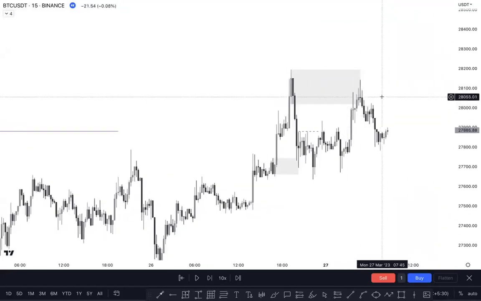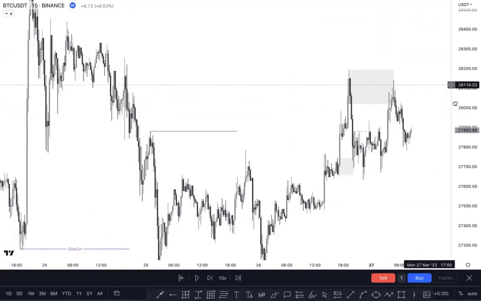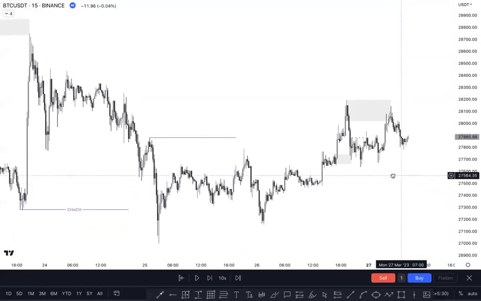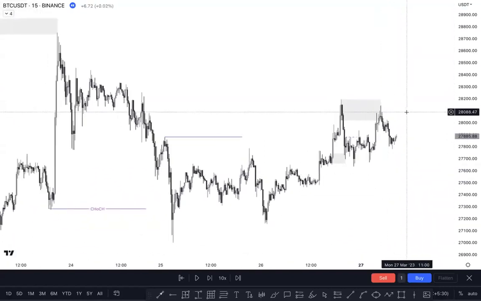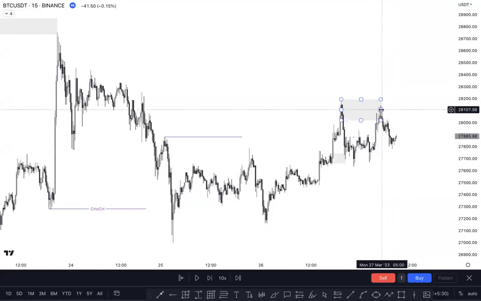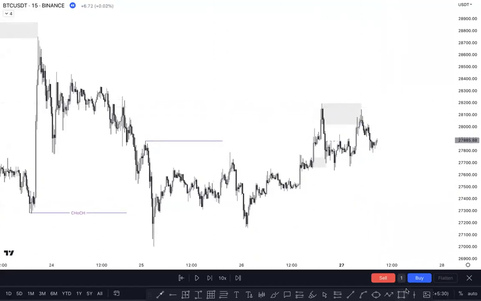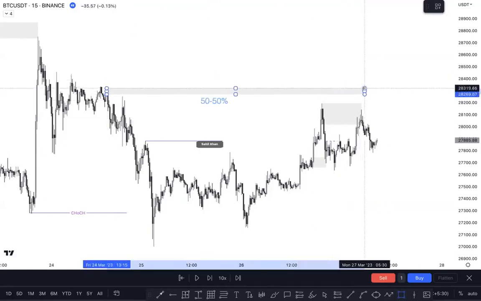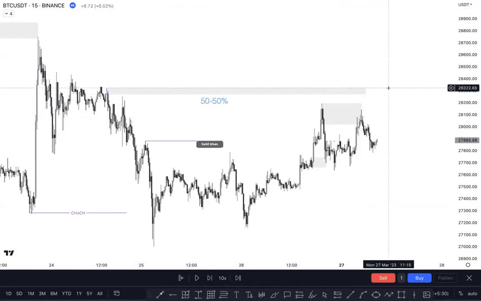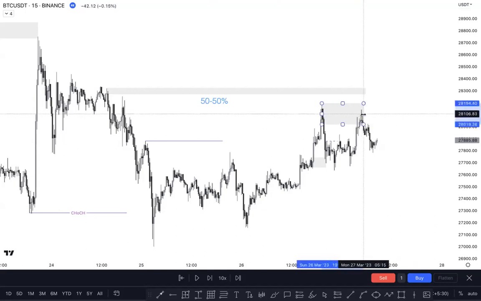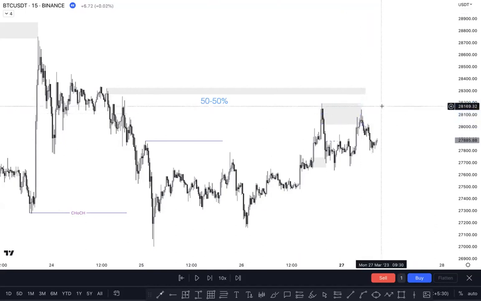And is this valid or not, everyone? This is a decisional. Why? Because you have one more POI here, because price is not mitigated at the extreme. Exactly 50% probability. Here you can play, okay, but this one is a 50% probability for the sell, right?